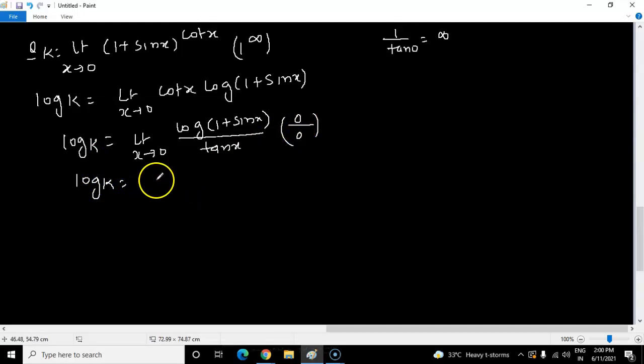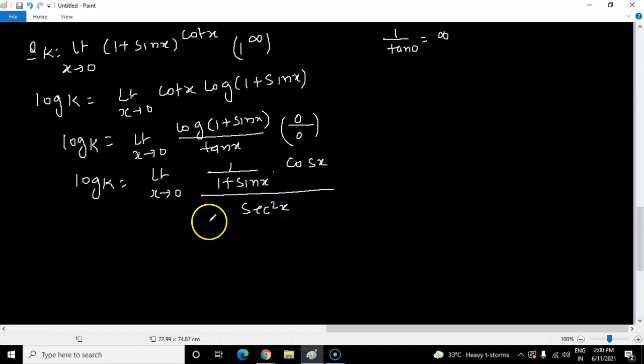Now if you apply L'Hospital's rule, you write 1 by (1 plus sin x), and the differentiation of sin x is cos x, and the differentiation of tan x is sec squared x. Now if you put 0, you will get 1 by (1 plus sin 0), sin 0 is 0, cos 0 is 1, and sec 0 is also 1.